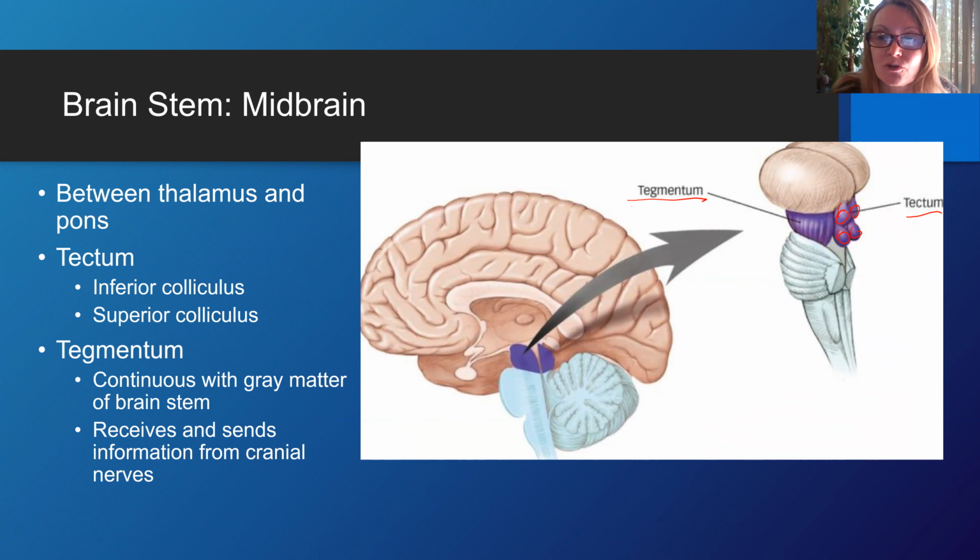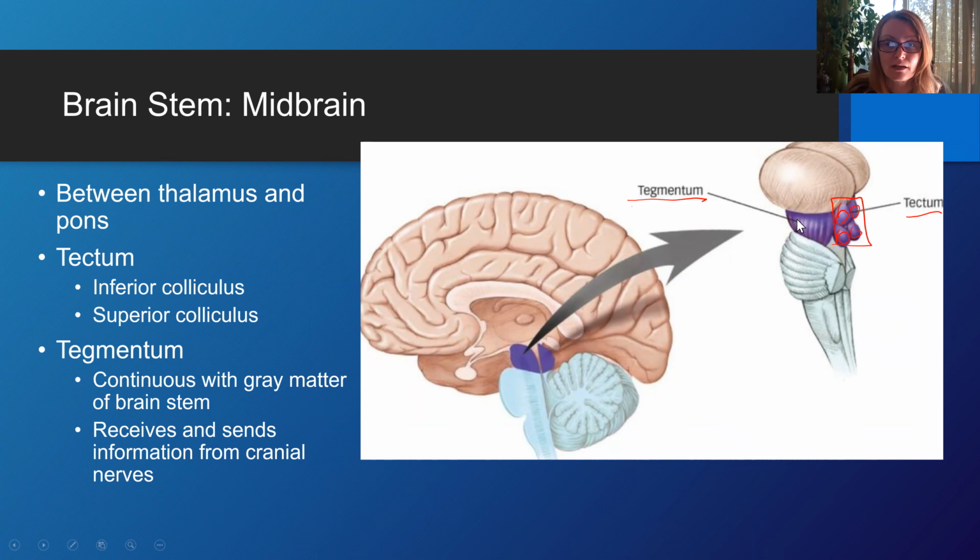So we have two superior colliculi, we have two inferior colliculi. One is a colliculus. The whole structure is called corpora quadrigemina, and this is a part of the tectum.